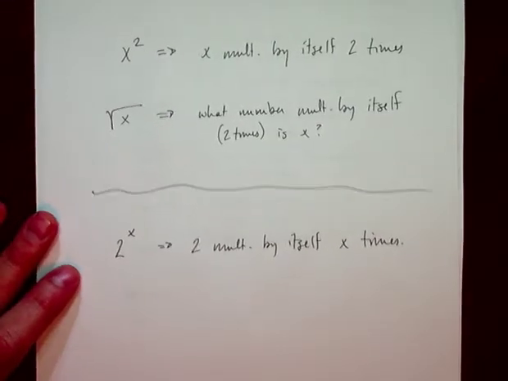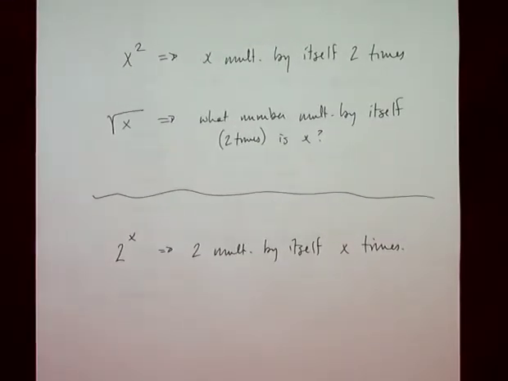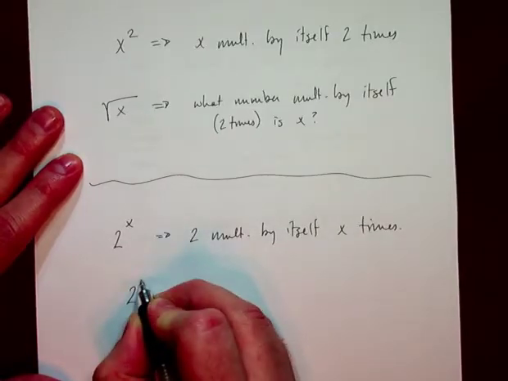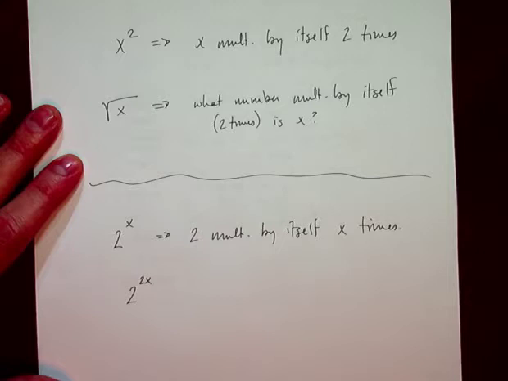But the great thing about exponentials is that they still abide by the rules of exponents, okay? So you can still, if you have something like 2 to the 2x, right?